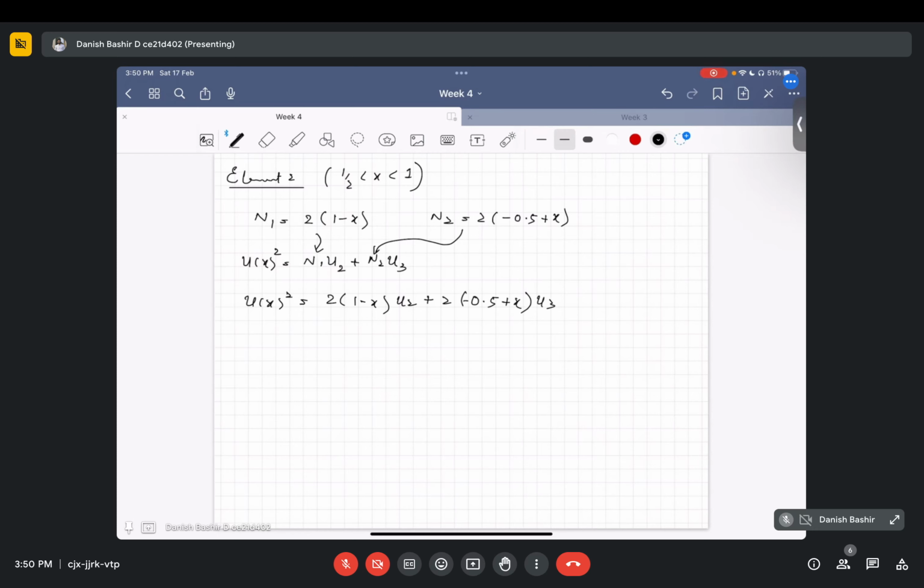And side by side you compute its derivative as well because it's required in the functional. This is for element second, so its derivative will be minus 2 u2 plus 2 u3.